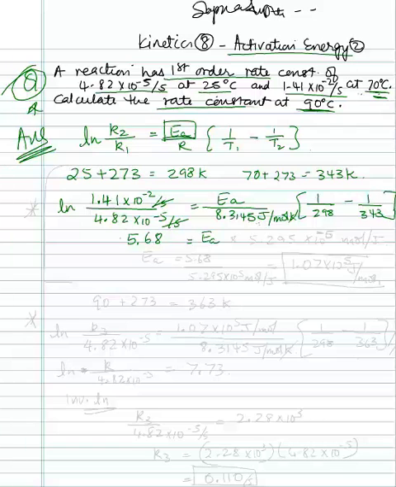So times 5.295 times 10 to the power of negative 5 moles per joule, and so then EA is 5.68 divided by 5.295 times 10 to the power of negative 5 moles per joule, and this is equal to 1.07 times 10 to the power of 5 joules per mole.